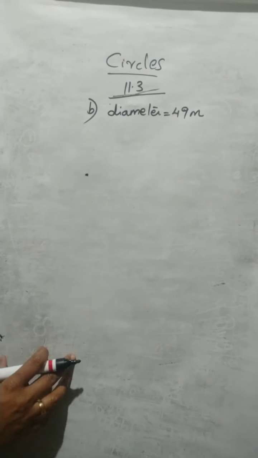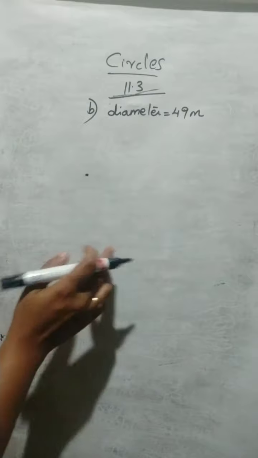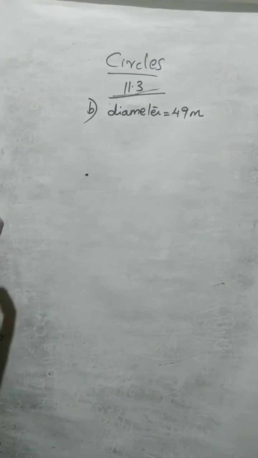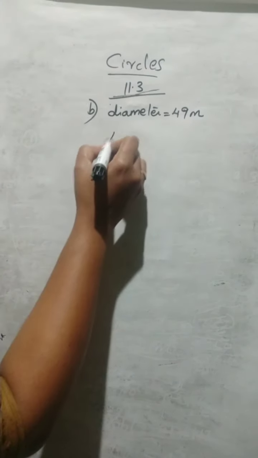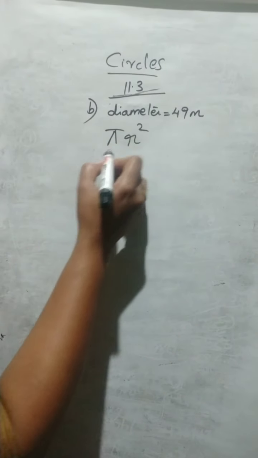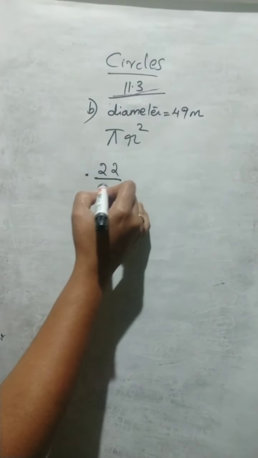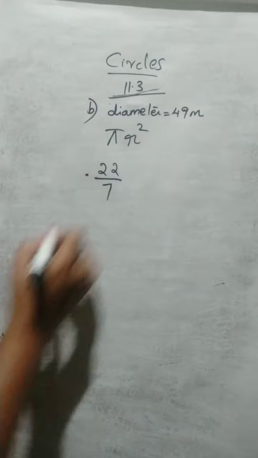Here it's given that diameter is equal to 49 meter. So the area is equal to pi r square. So pi will be 22 upon 7. Okay, but here r.